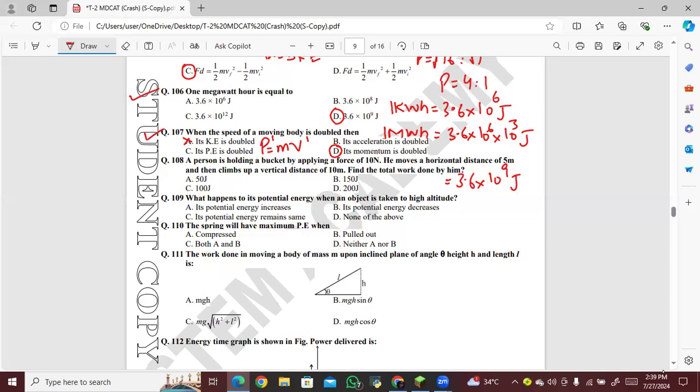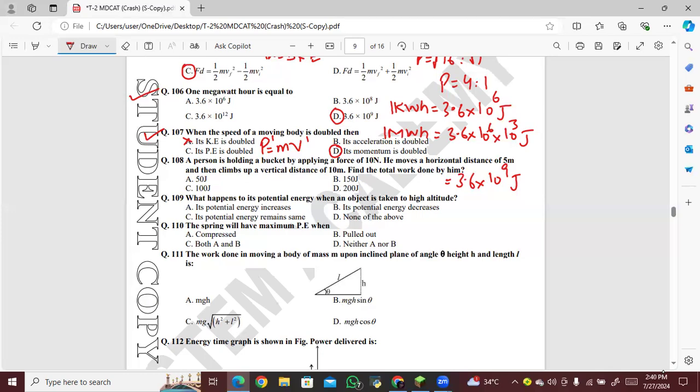108. A person is holding a bucket by applying a force of 10 Newton. He moves horizontal distance of 5 meter and then climbs the vertical distance of 10 meter. Find the work done by him. So the work done by the person will only be the work done when it climbs up a distance of 10 meters. Because when the person moves horizontally, the gravitational force will be acting downward.